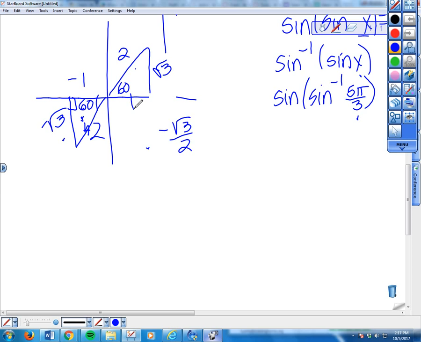That's not negative, right? This quadrant, what's this angle? What's sine? Negative square root of 3 over 2. Okay, so the reference angle here and the reference angle here will give me the same value for sine. Okay, so I want the same value for sine to come out of this to be 5 pi, this shouldn't be an angle, should it?